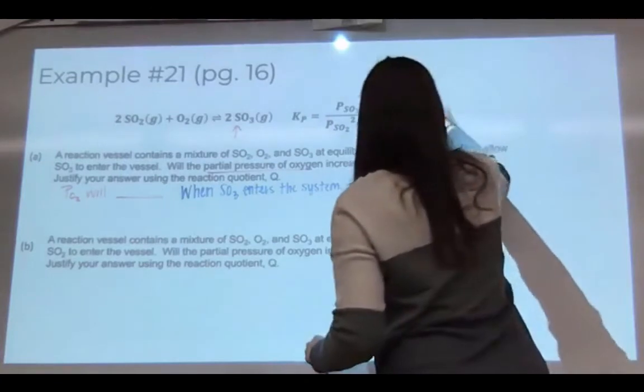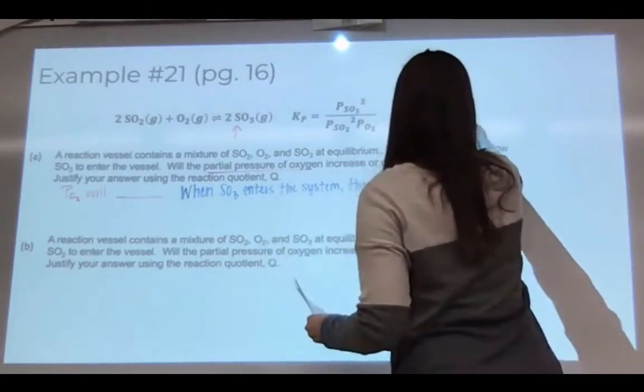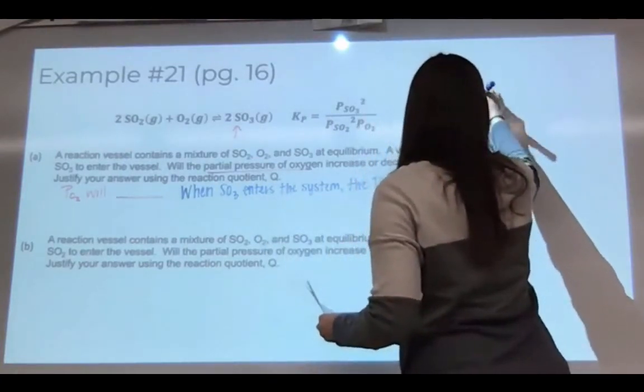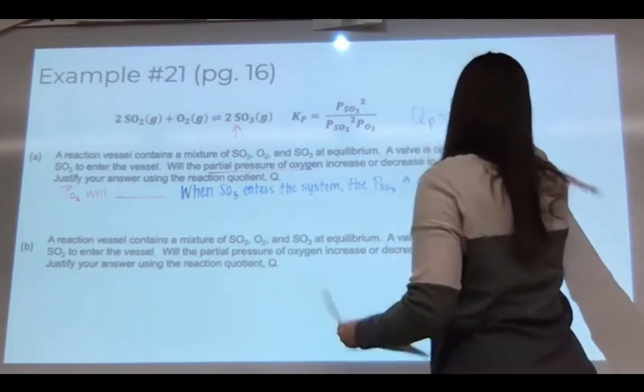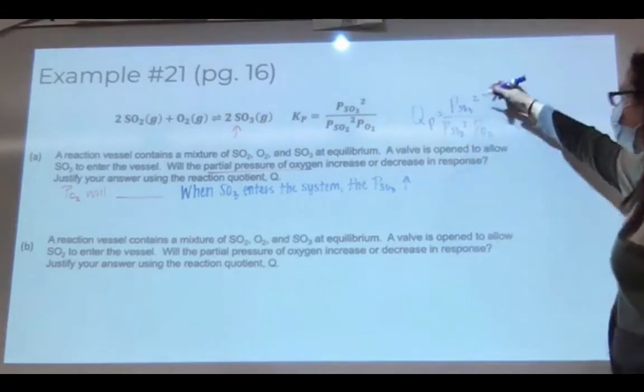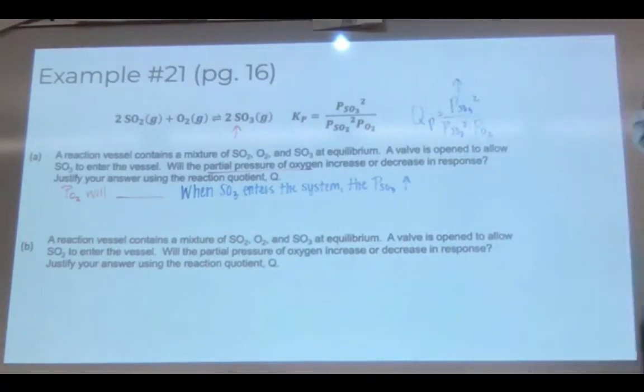Now, let's think about this because it wants us to justify in terms of Q versus K. Well, if you are increasing the pressure of SO3, you are increasing the amount in the numerator.